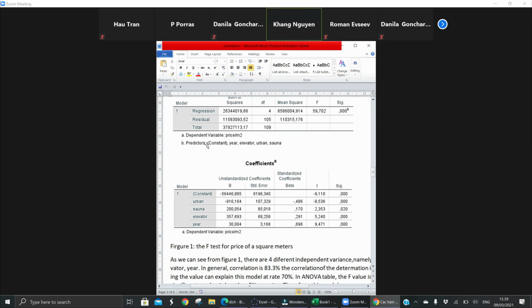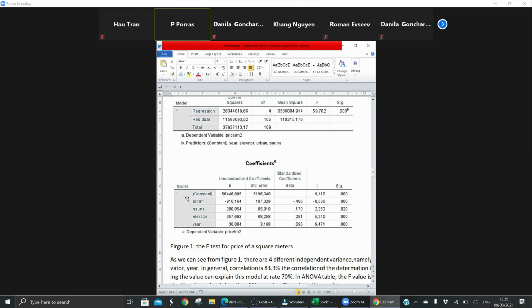Can you repeat it again? Sorry. In the regression, the predictors should be numerical variables. And in your case, you have 3 categorical variables, not numerical ones. So change your variables. Okay, I will do it. Thank you. No problem.